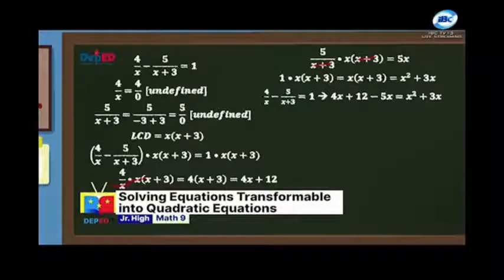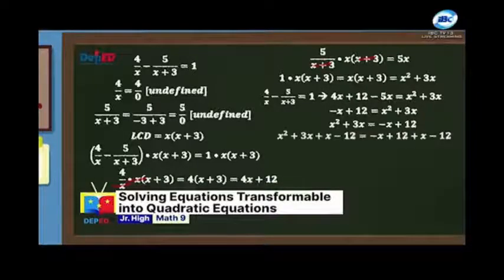This means that negative x plus 12 is equal to x squared plus 3x. Applying the symmetric property, the equation can be written as x squared plus 3x equals negative x plus 12. By increasing both sides by x and then diminishing both by 12, we must get the standard form of the derived quadratic equation, which is x squared plus 4x minus 12 equals 0.